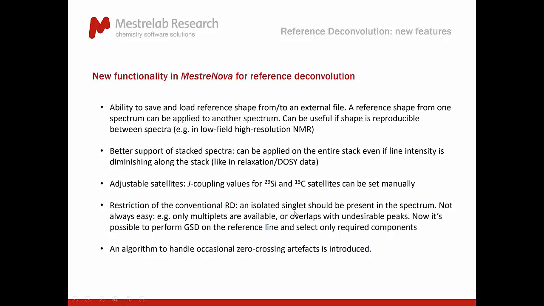Also, there is a problem with the singlet. As I mentioned, you have to have an isolated singlet. But we can do GSD, and we can remove unneeded peaks from the GSD model, for example impurity peaks, and construct this singlet from a reasonably crowded area.